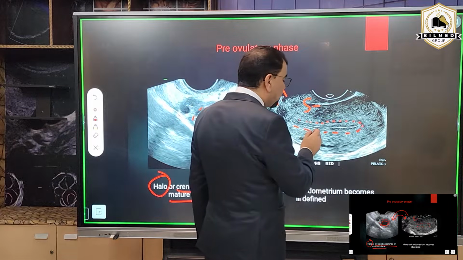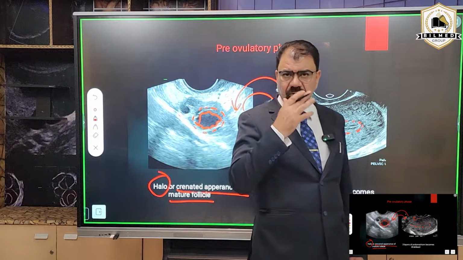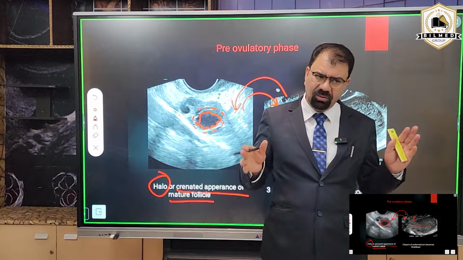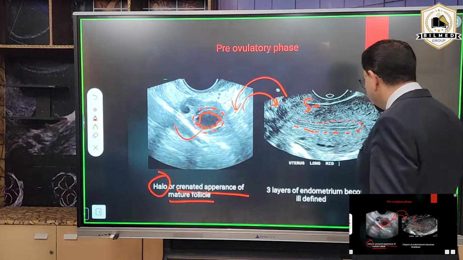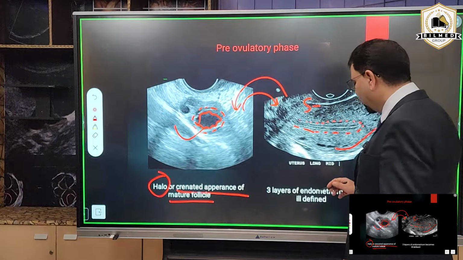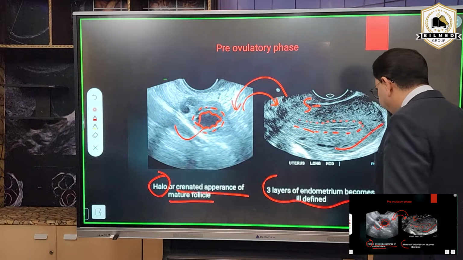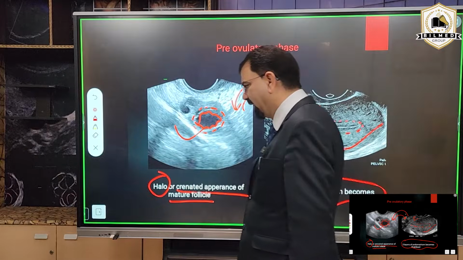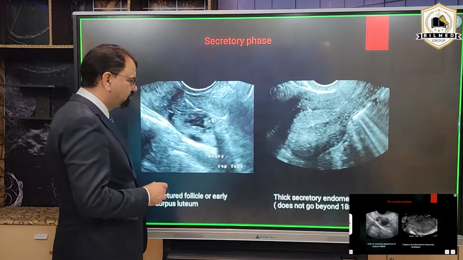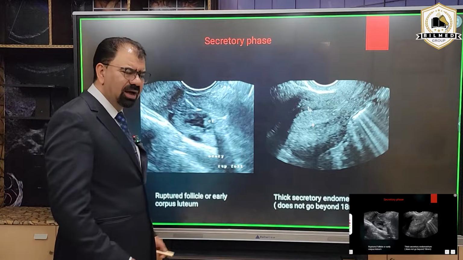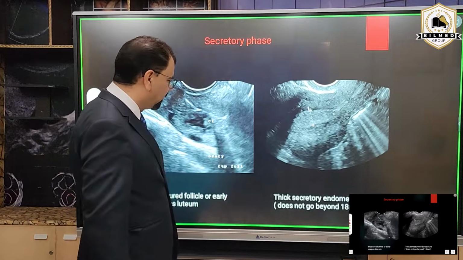So equally important is that correlation of what you are seeing from the ovary onto the endometrium. If you see that your triple layer is becoming ill-defined, then also you are dealing with an about to rupture or ruptured follicle. So these are the signs of an about to rupture or ruptured follicle.